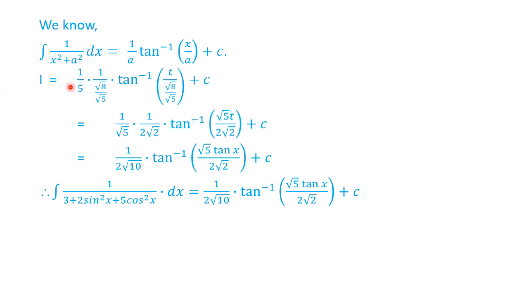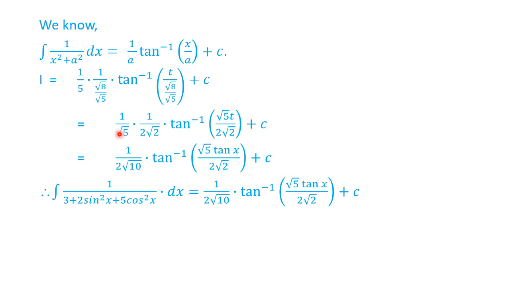Now here I is equal to 1 by 5, 1 by a, that is 1 by root 8 by root 5, tan inverse of t by a, meaning root 8 by root 5, plus c, isn't it? Therefore here this 5 can be written as root 5 into root 5, so one root 5 gets cancelled. Root 8 can be written as 2 root 2, because it has factors 2 into 4. 4 is a perfect square and its square root is 2.